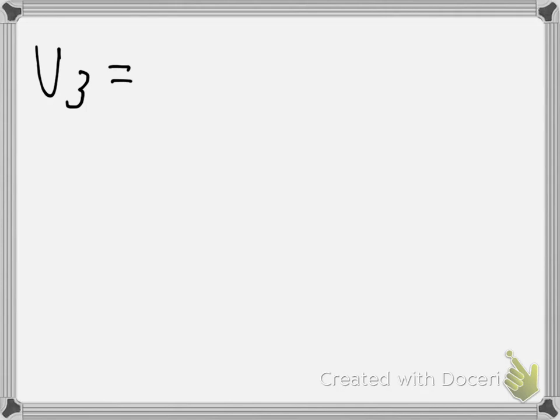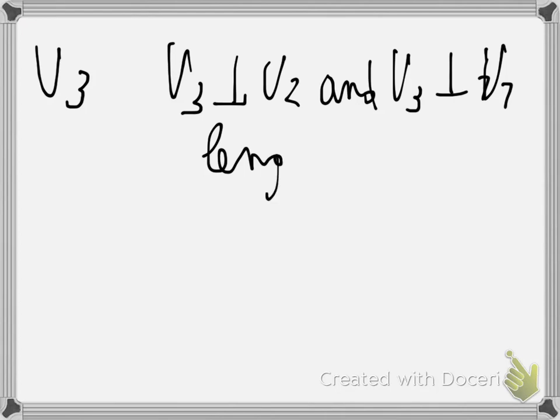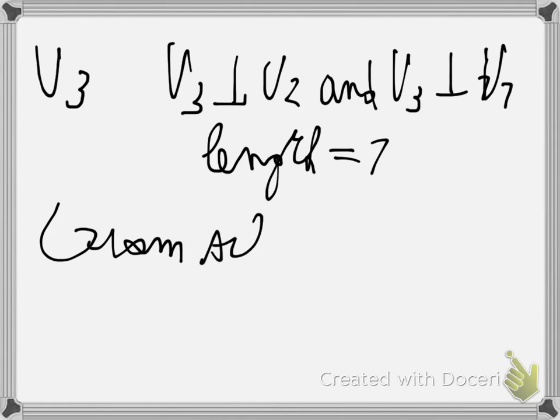To find it, you can take whatever vector you want. You just need to make sure that U3 is orthogonal to U2 and also orthogonal to U1. So it needs to be orthogonal to every other vector, and it needs to be of length 1. For example, you could use Gram-Schmidt. You take whatever vector you want and use Gram-Schmidt to make a vector that is orthogonal to the others.